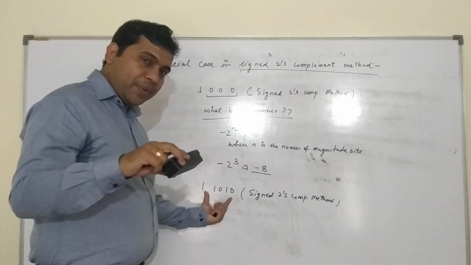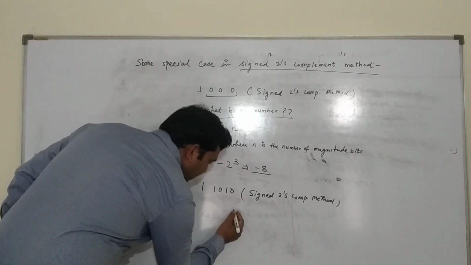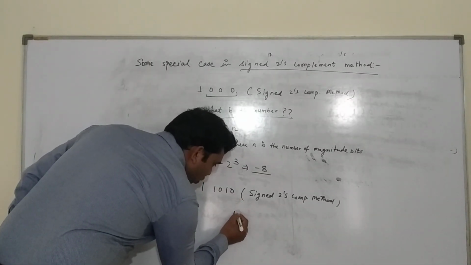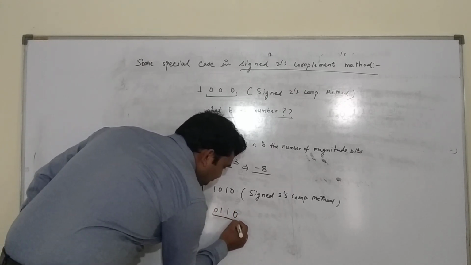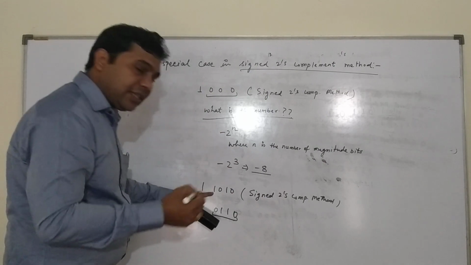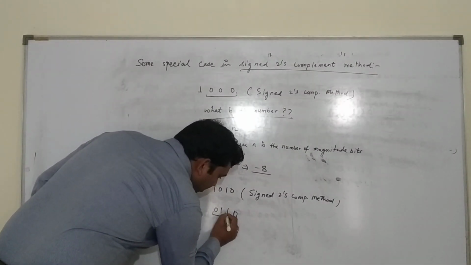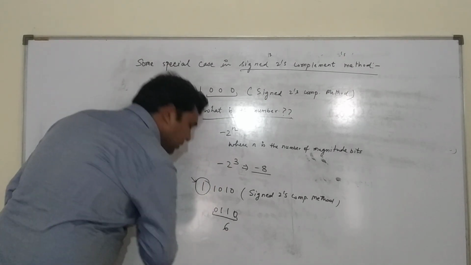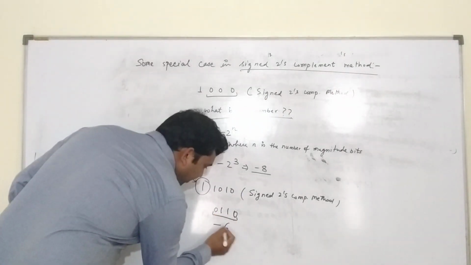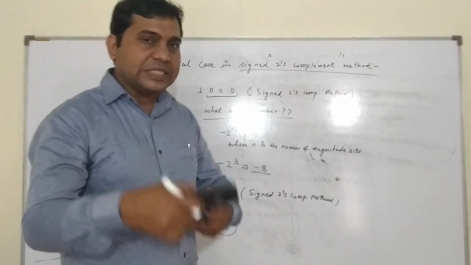So what is the 2's complement of this number? It is 0 1 1 0. This is the magnitude, after taking the 2's complement. So this number is 6. Since the sign bit is 1, this is negative. So this is minus 6. This is how you do the reverse calculations.